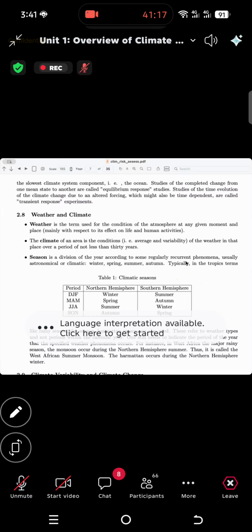So it is even called the West African summer monsoon. The major dry season in West Africa is the Harmattan time, which is the Northern Hemisphere winter period. December, January, February. That's when you have the Harmattan in West Africa.